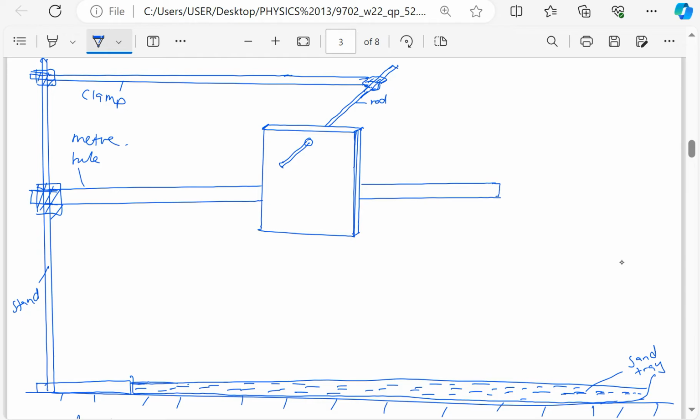Okay, so I'll label this. This is the copper sheet. And of course, I'll label the hole here so that it is visible. Then I'll put some marks here to show that this is a ruler.